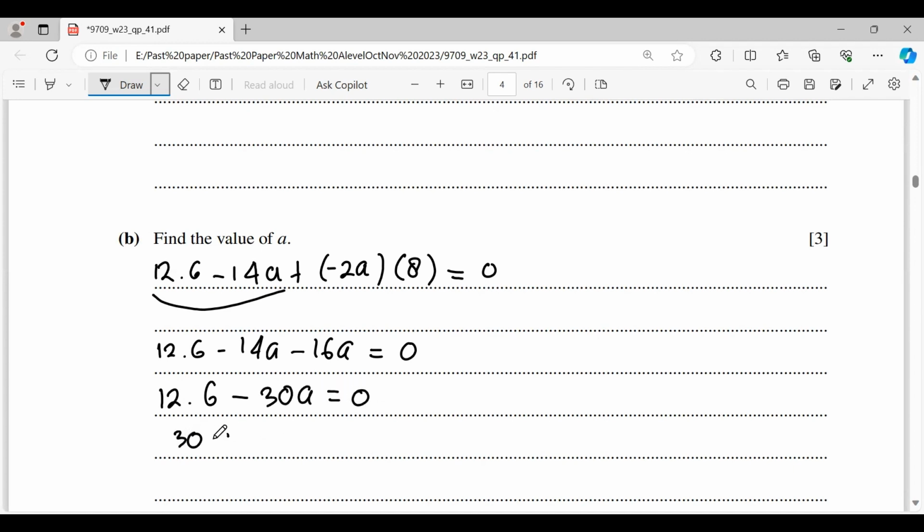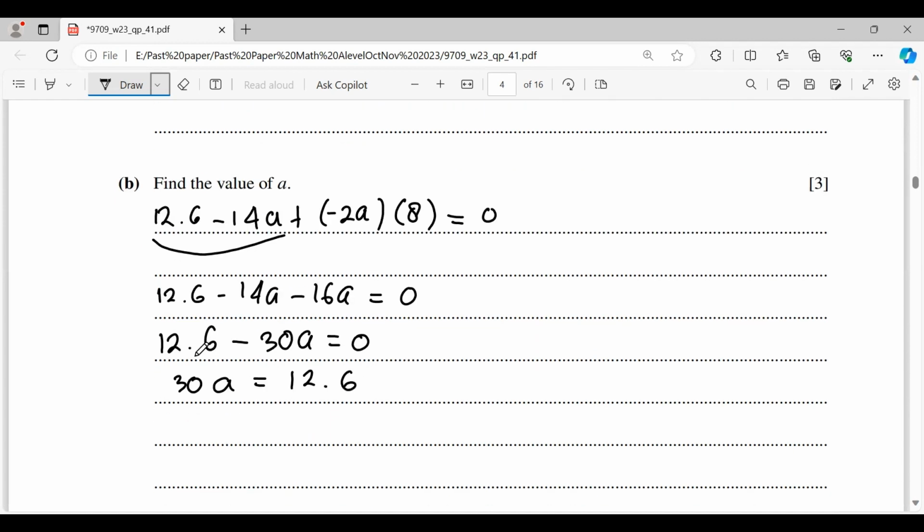So 30a equals 12.6. a equals 12.6 over 30, 0.42 meter per second squared, because acceleration.